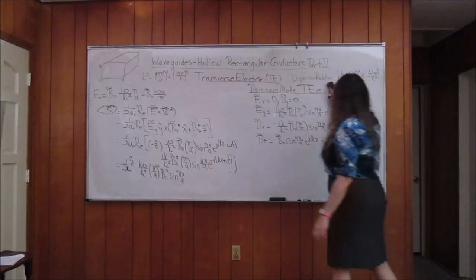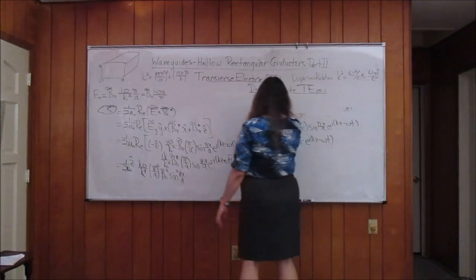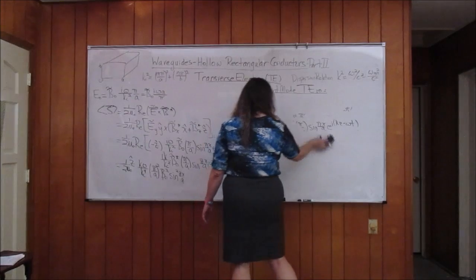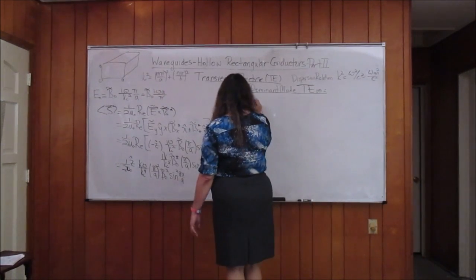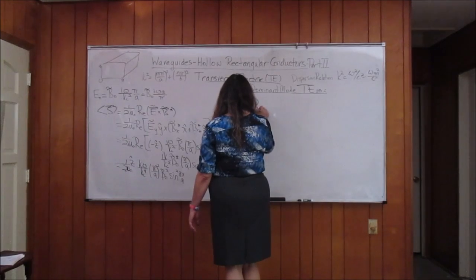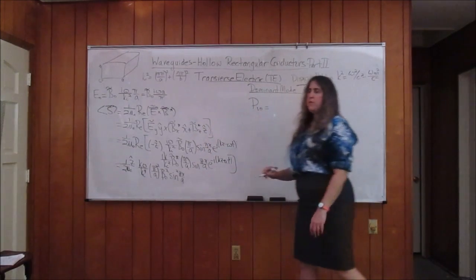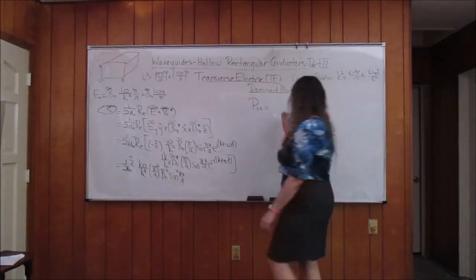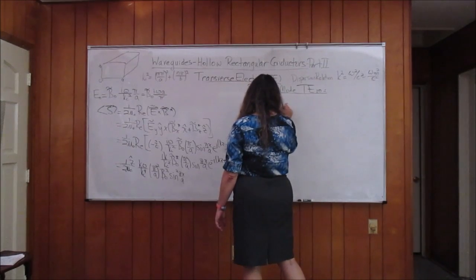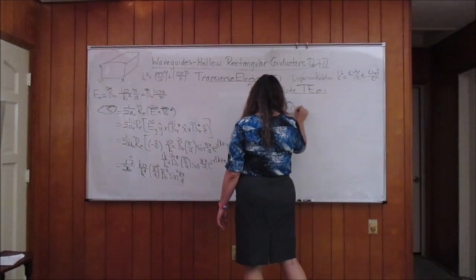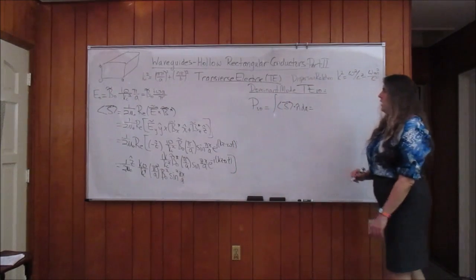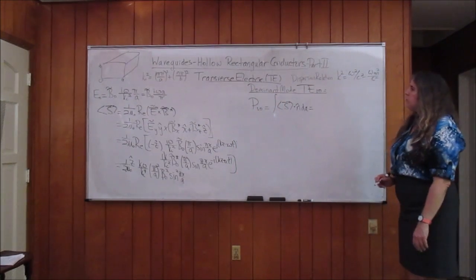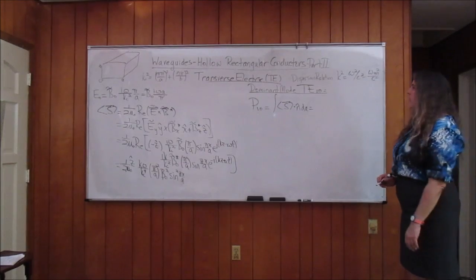Let me erase this. Because after all, it is the power that we want to calculate. I'm going to integrate this Poynting vector over the cross-sectional area of the waveguide.